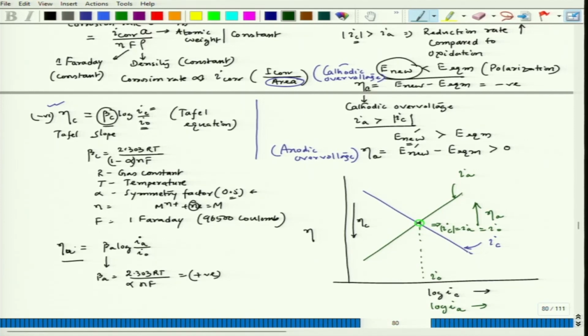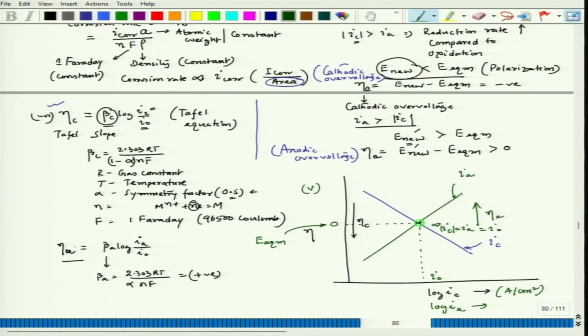So, that means it has to be I 0, which is exchange current density, and when that system is at equilibrium, our over voltage value is 0. Okay. So, that means at this point over voltage should be 0, which corresponds to E equilibrium, fine, and this is in volt. Over voltage is also termed in terms of volt, and this is in terms of ampere per centimeter square, let us say, fine.